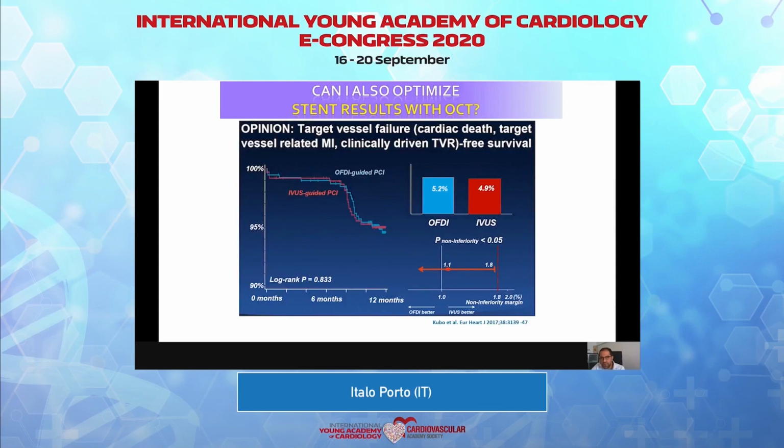Preliminary data also tell us that there is no large difference between OCT guidance and IVUS guidance in terms of long-term results of stents.